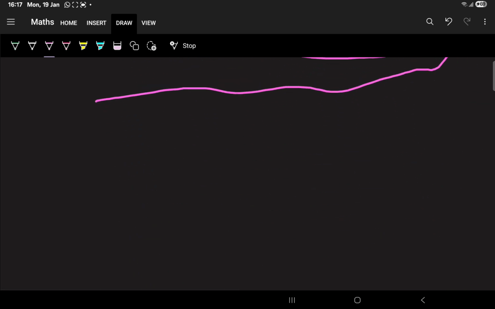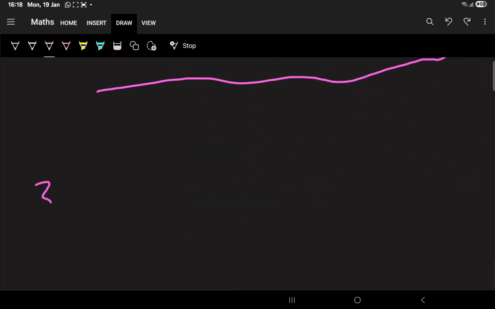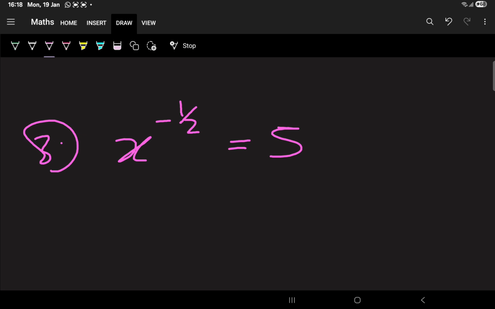Now, moving on to the next question. Number 3, we have x to the index of negative 1/2 equals 5. Now, we have a negative index, so we take the inverse.